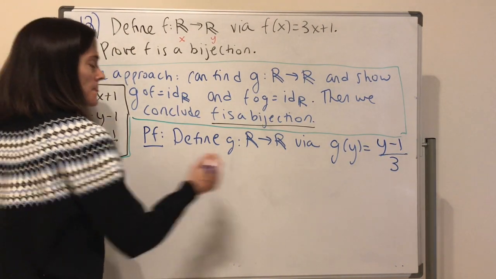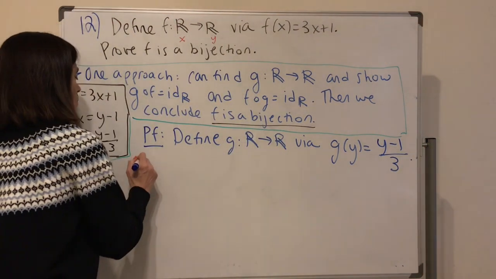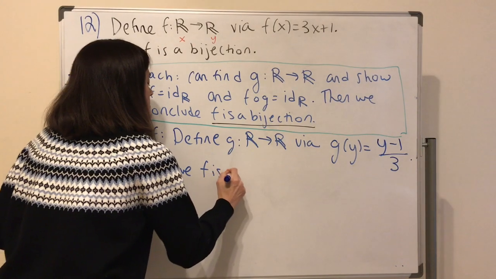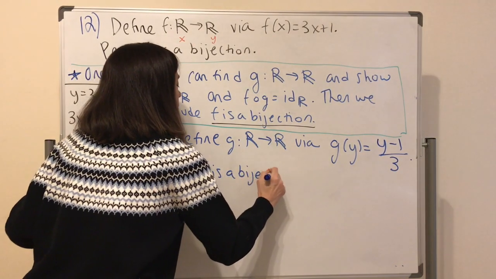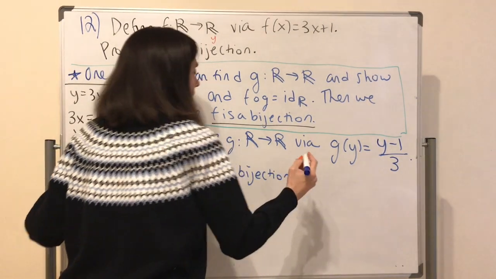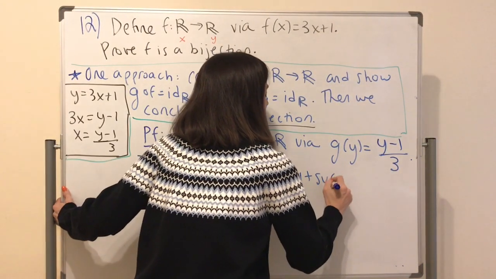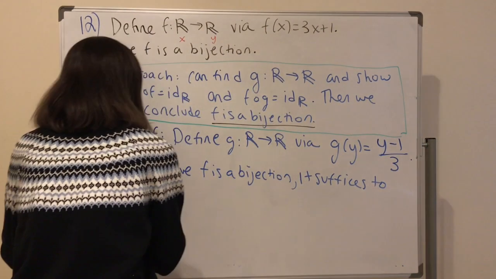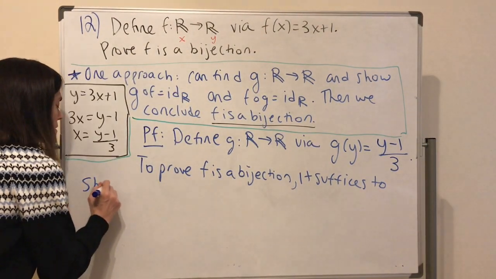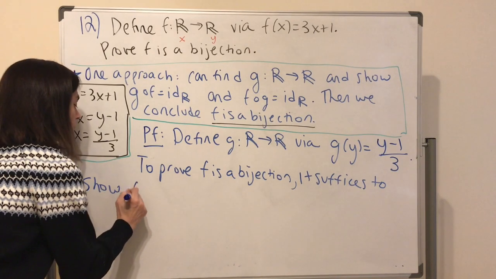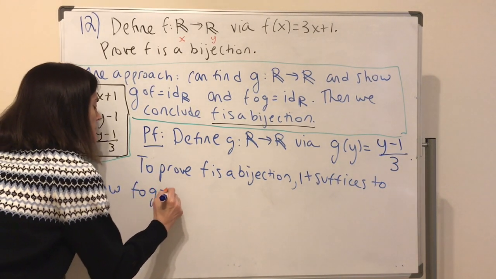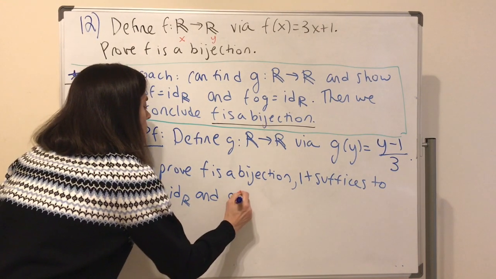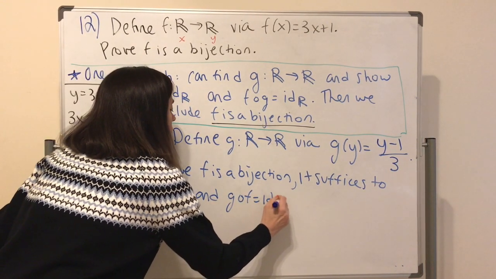So then, period, to prove f is a bijection, it suffices to show, and this is because of a proposition we proved, as I mentioned, it suffices to show, oh, now I can write way over here, that f compose G is the identity on R and G compose F. Okay?